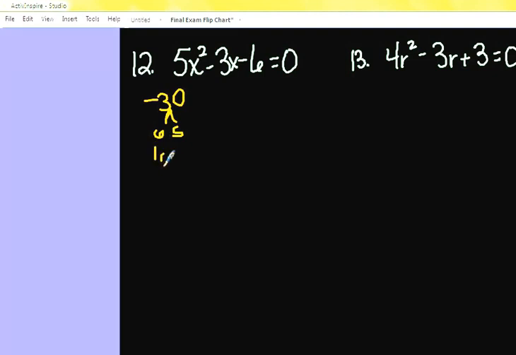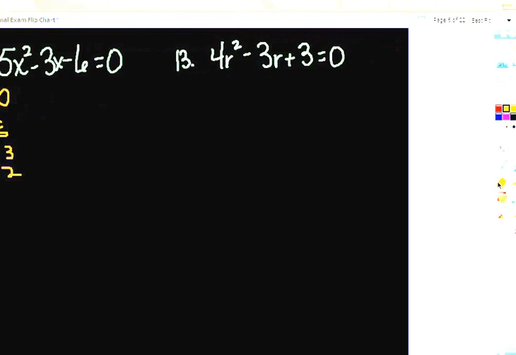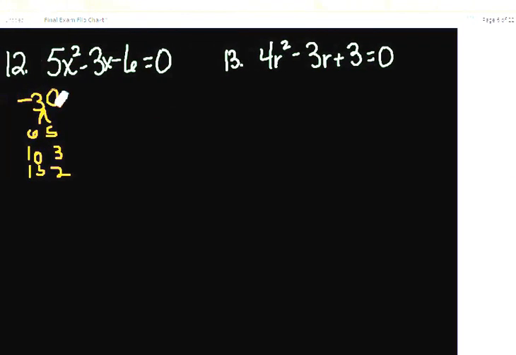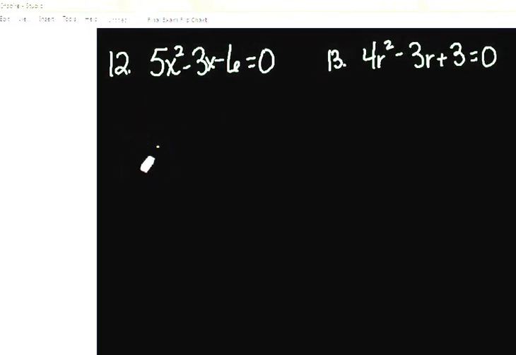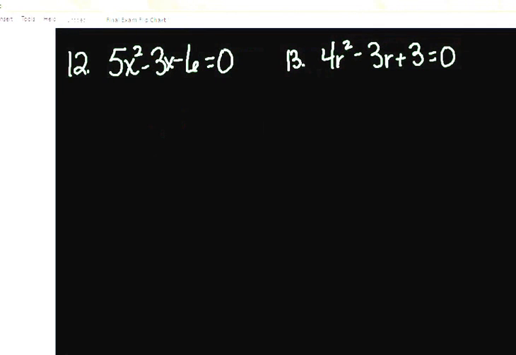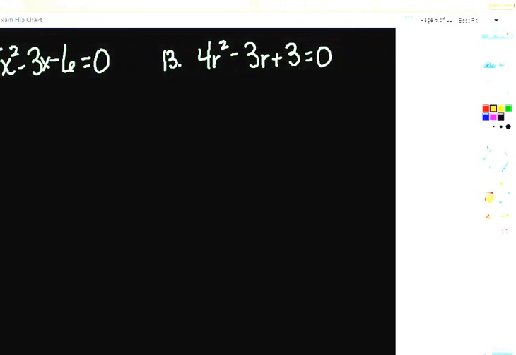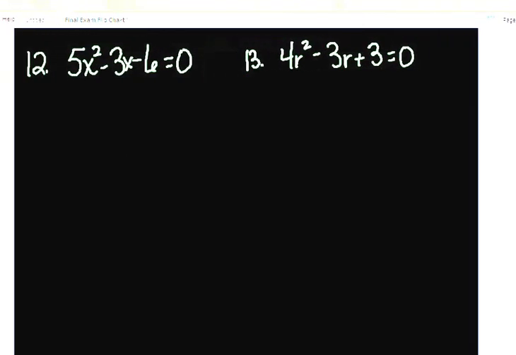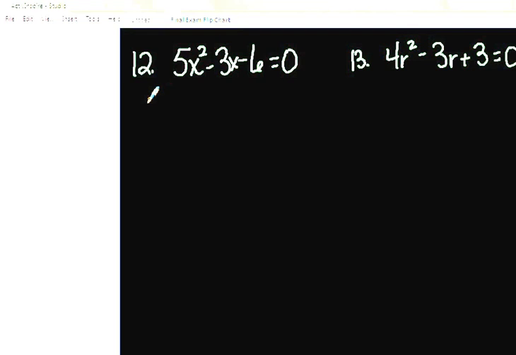I have 10 and 3. That one doesn't work. I have 15 and 2. That one doesn't work. If you can't find a combination, then guess what? It's time to pull out the quadratic formula. So in this case, there was not an option. So we're going to use quadratic formula.